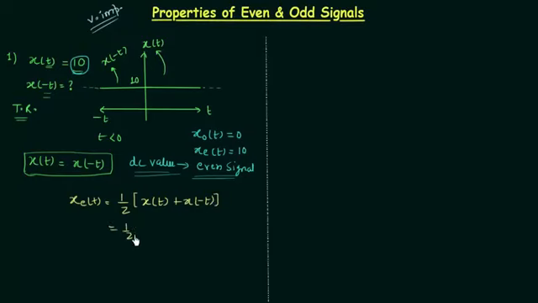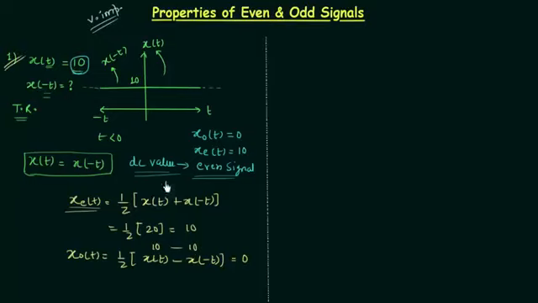So we have 1 by 2, 10 plus 10 is equal to 20, so we will have 10 as the value of the even component, and the odd component x ot is equal to 1 by 2 xt, the original signal, minus x minus t, the signal after performing the time reversal, and this is equal to 0 because xt is equal to 10 and x minus t is also equal to 10, so 10 minus 10 is equal to 0. So this is a very important property regarding the DC value.